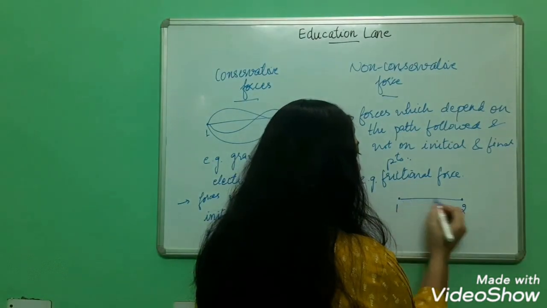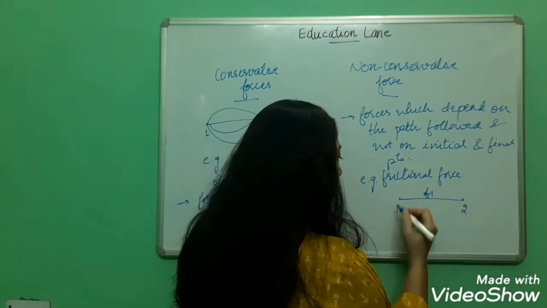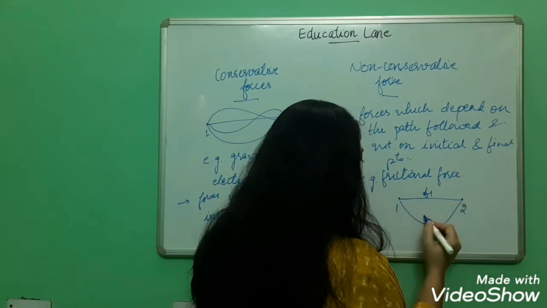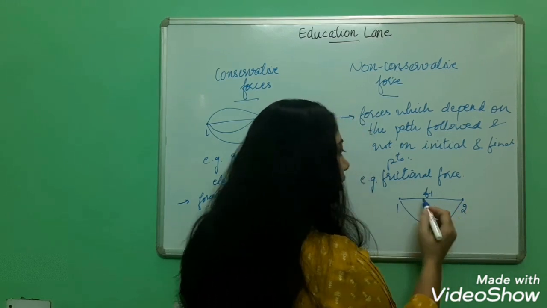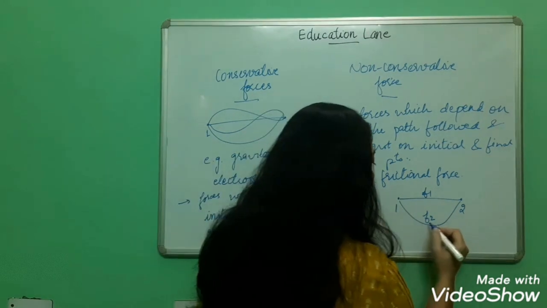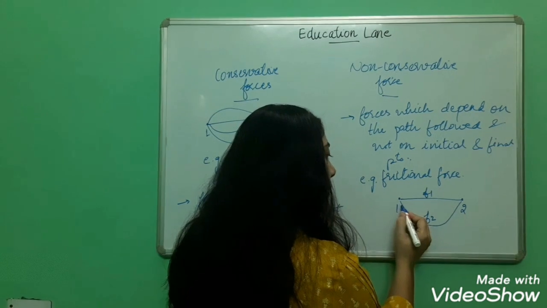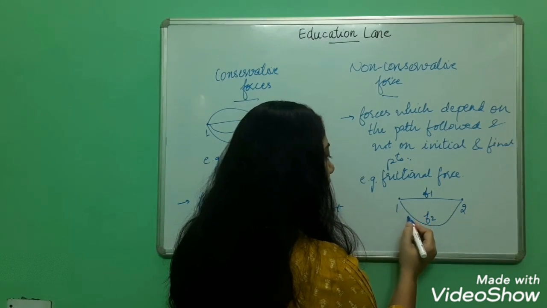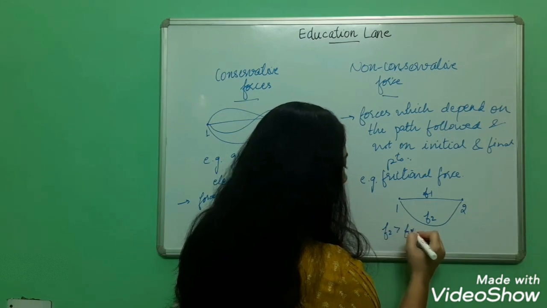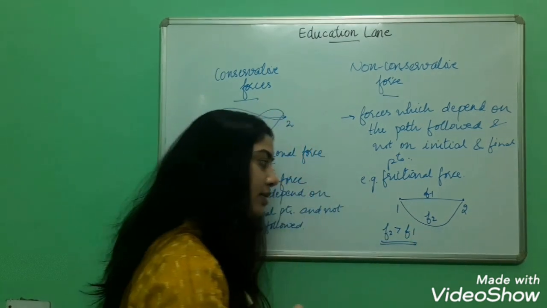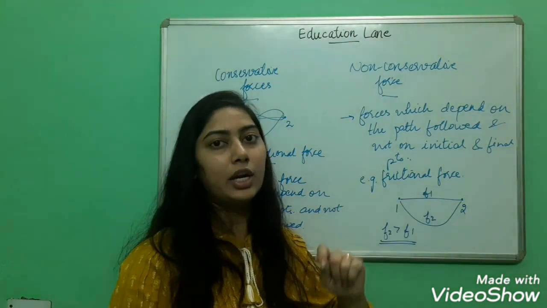So for this, let us say frictional force is F1 acting all along from path 1 to 2. Now for this F2, you can see this path is bigger than this path. Frictional force acting on this path is F2 because it depends upon the point of contact. So the path taken is longer, so the frictional force will be greater. So this frictional force is depending upon the path taken and not on the initial and final points.